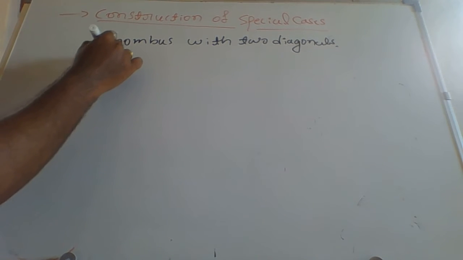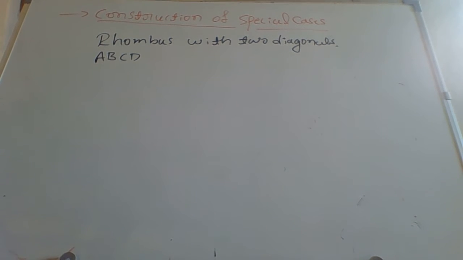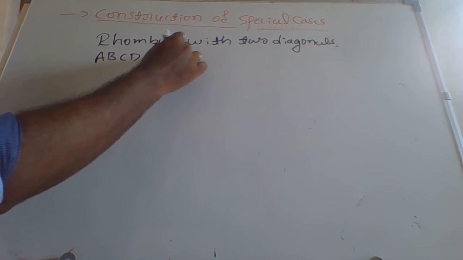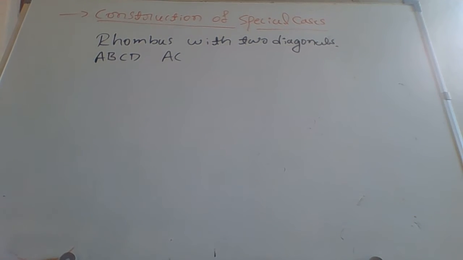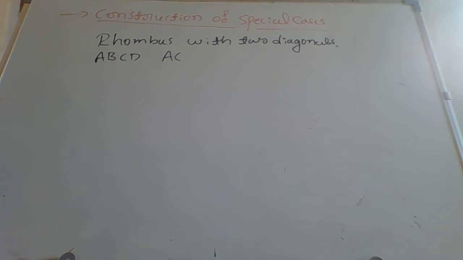For example, I will consider one rhombus ABCD. Here they have given the length or measurement of the two diagonals.